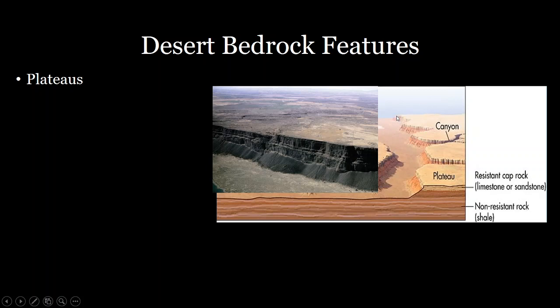They're often formed when there's some amount of uplift going on. For example, you could have a normal fault that develops here or here, which causes this area to drop down and this area to relatively be higher up. And so this plateau can erode away or extend out very far into the desert.